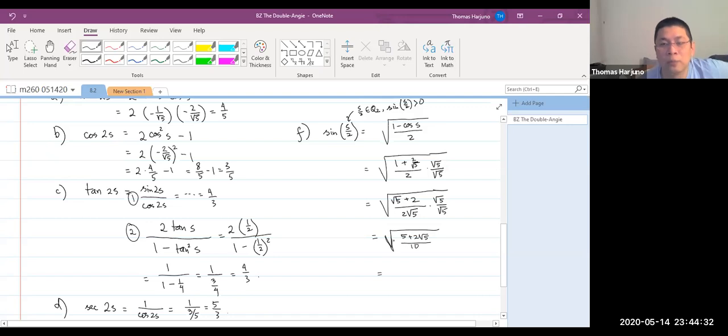Now, to bring that 10 out, I will multiply by 10 over 10 again. The bottom becomes 100, so that becomes the square root of 50 plus 20 radical 5, all over 10.